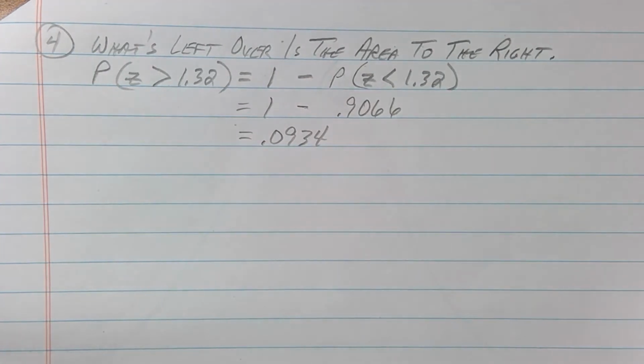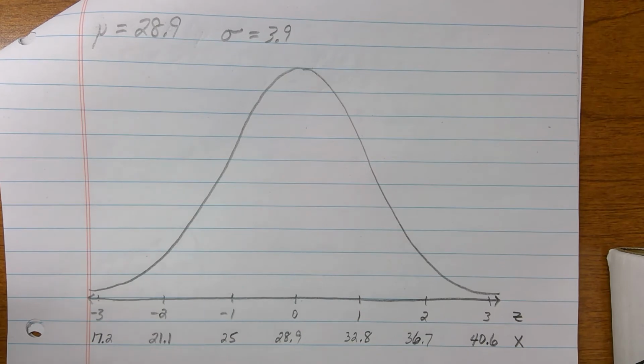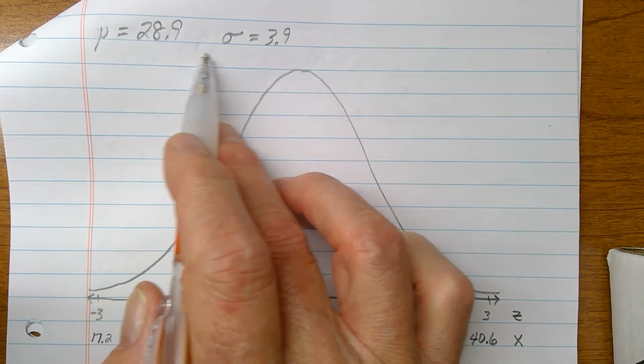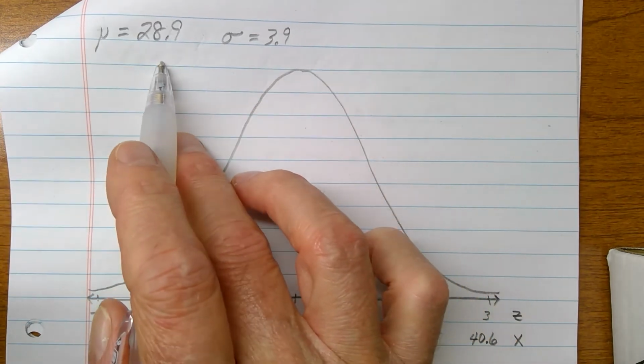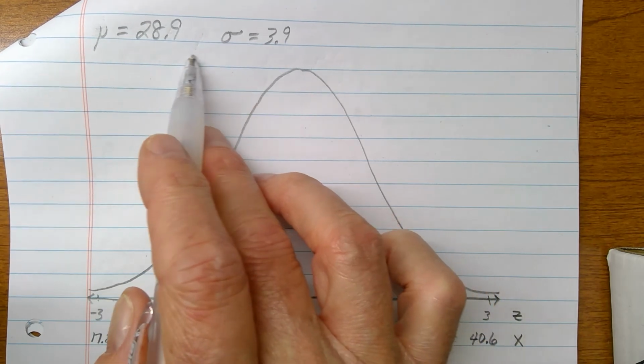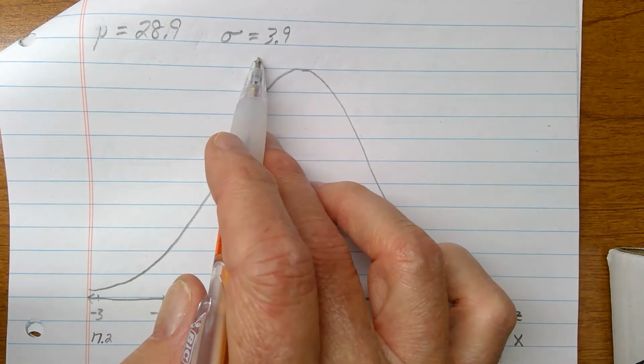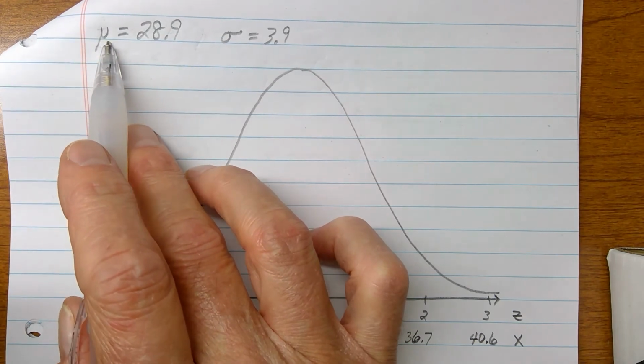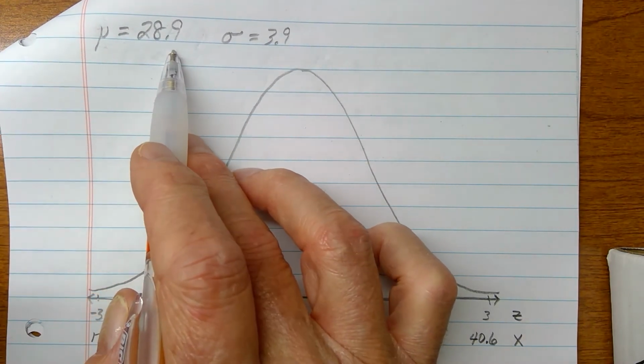All right, let's try one more curve and we'll work a few problems with it. Let's say you're given a word problem or a story problem. I'm just going to call it a test. Let's say you walked into my class and I gave you a pop quiz, and the average score on the quiz, mu, was 28.9 points.